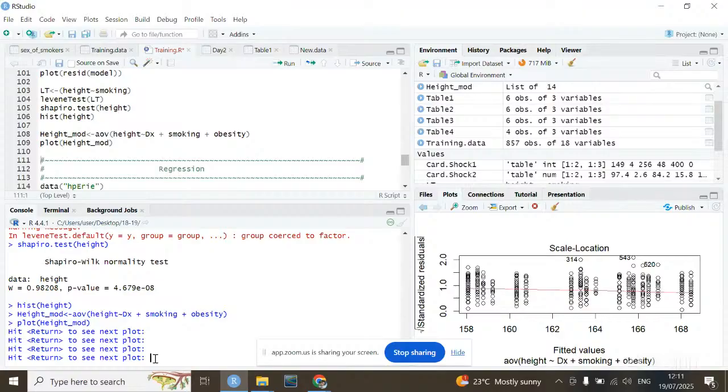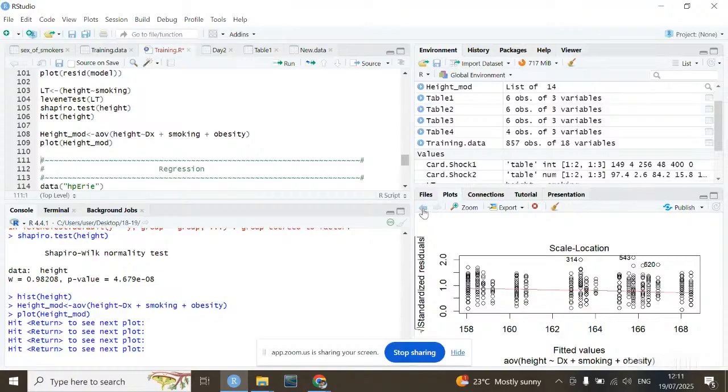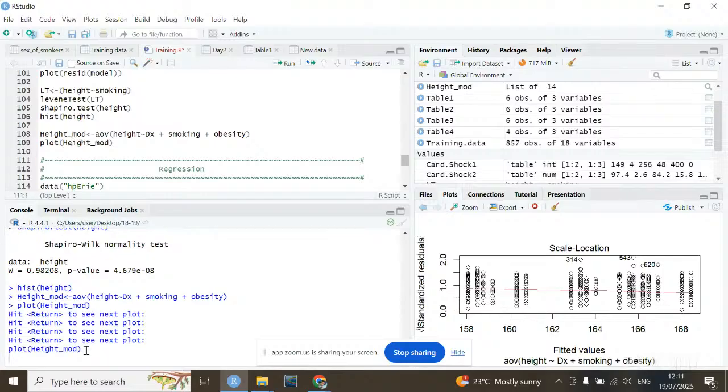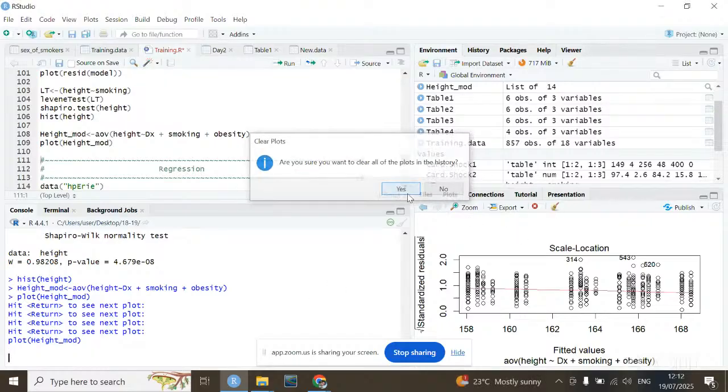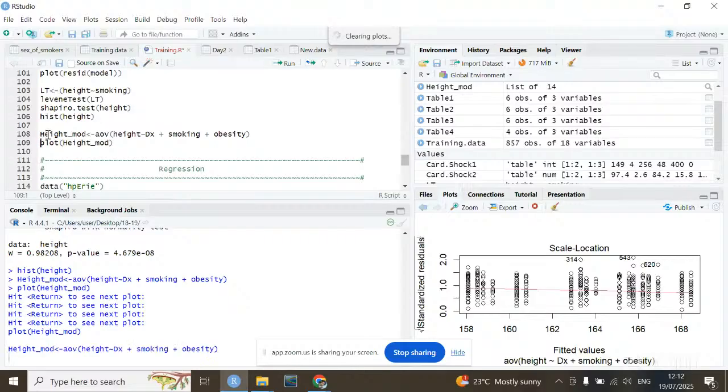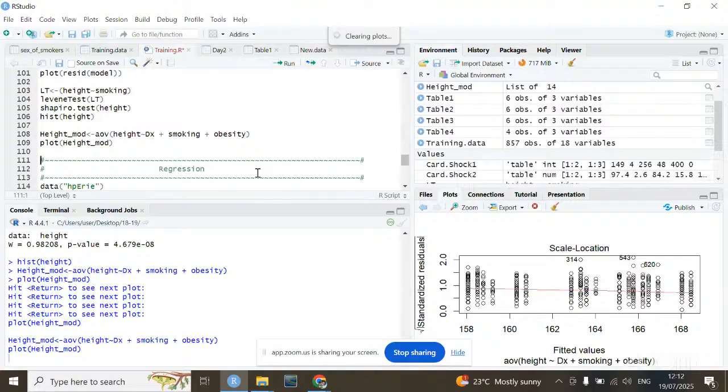Oops. That's when my arrow is a bit freezing.